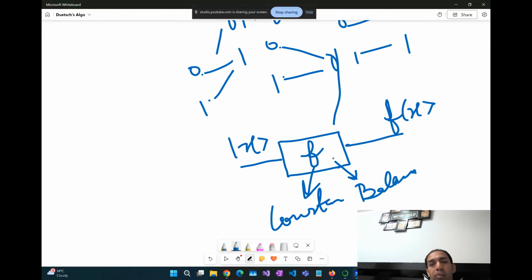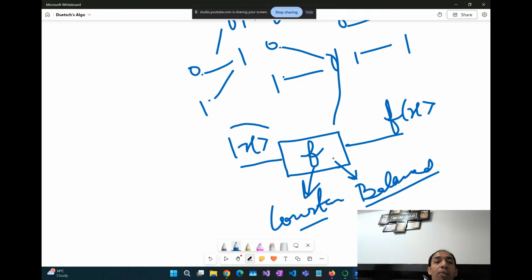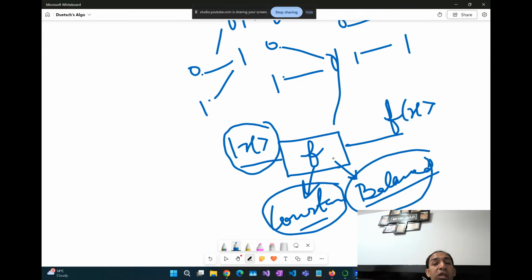But the scope of this algorithm is restricted to one bit only. For multiple bits, you will have to go to the next algorithm, the Deutsch-Jozsa algorithm. In that, we will cover how we can identify whether a function is constant or balanced for multiple bits, if multiple inputs are there. But this one is only for one bit.